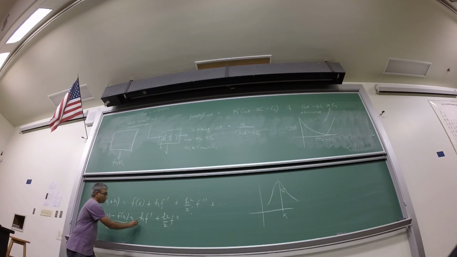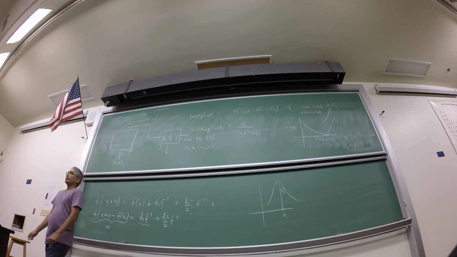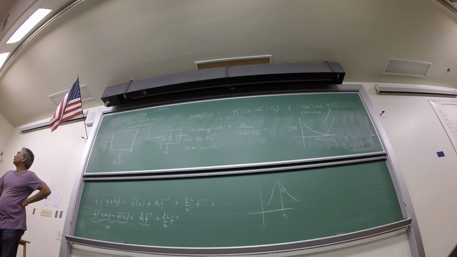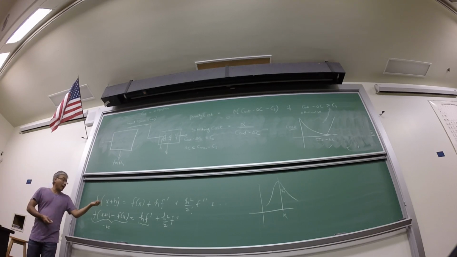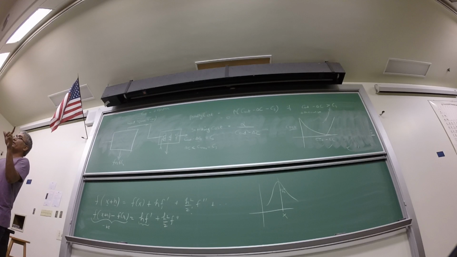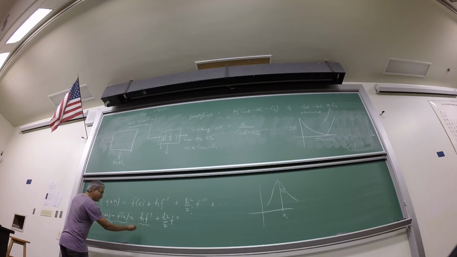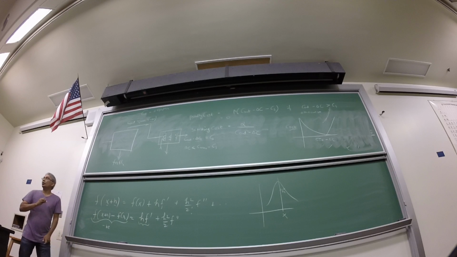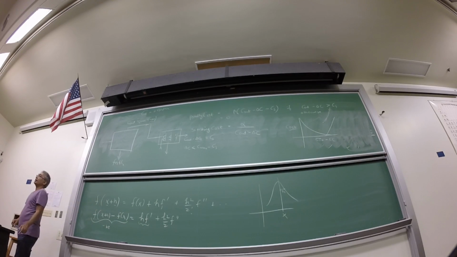Now the first term, is that positive or negative? It will depend upon the sign of h and f prime, but the point is, it will change sign. If it's negative for positive h, it will become positive for negative h, right? So if this term is non-zero, then this function cannot have a maxima at x.